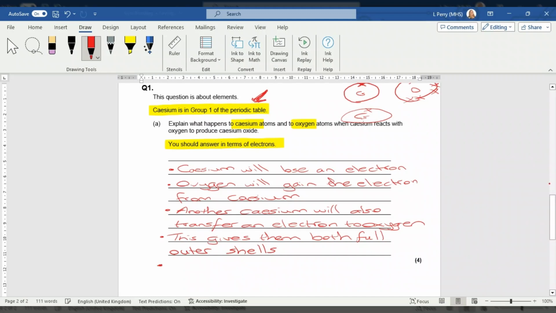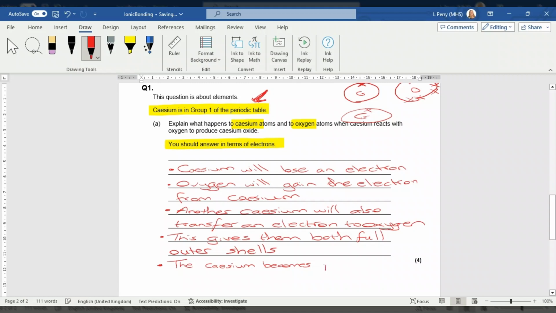So I'll put a final point. The cesium becomes... Well, the cesium's lost an electron. It's lost a negative charge. If you lose a negative, all you're left with is positive.